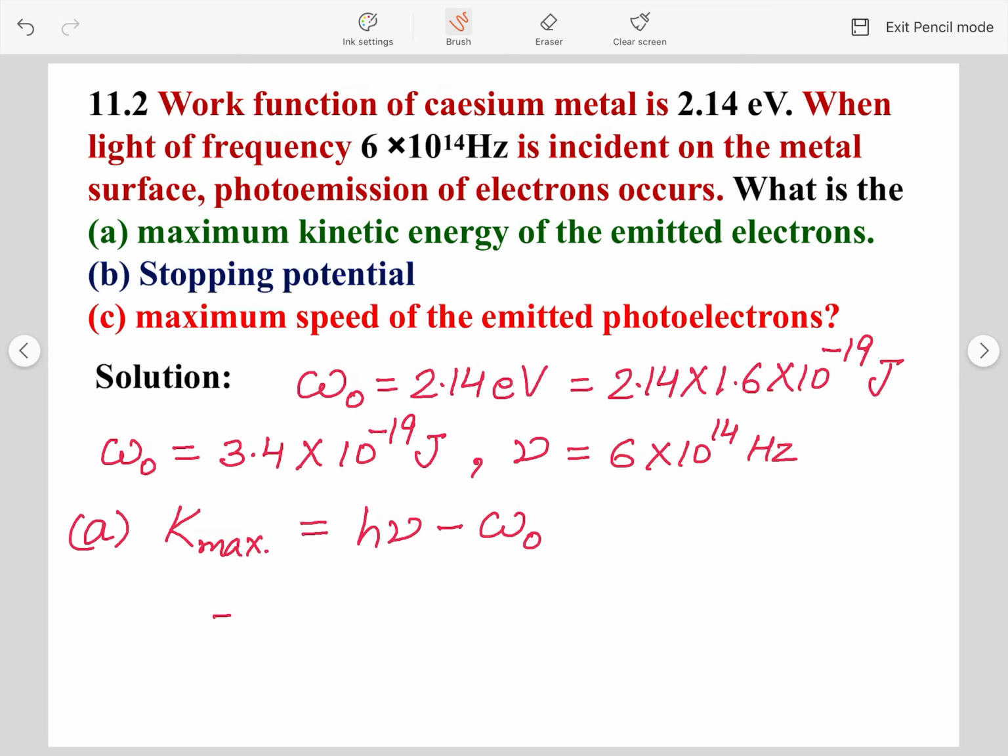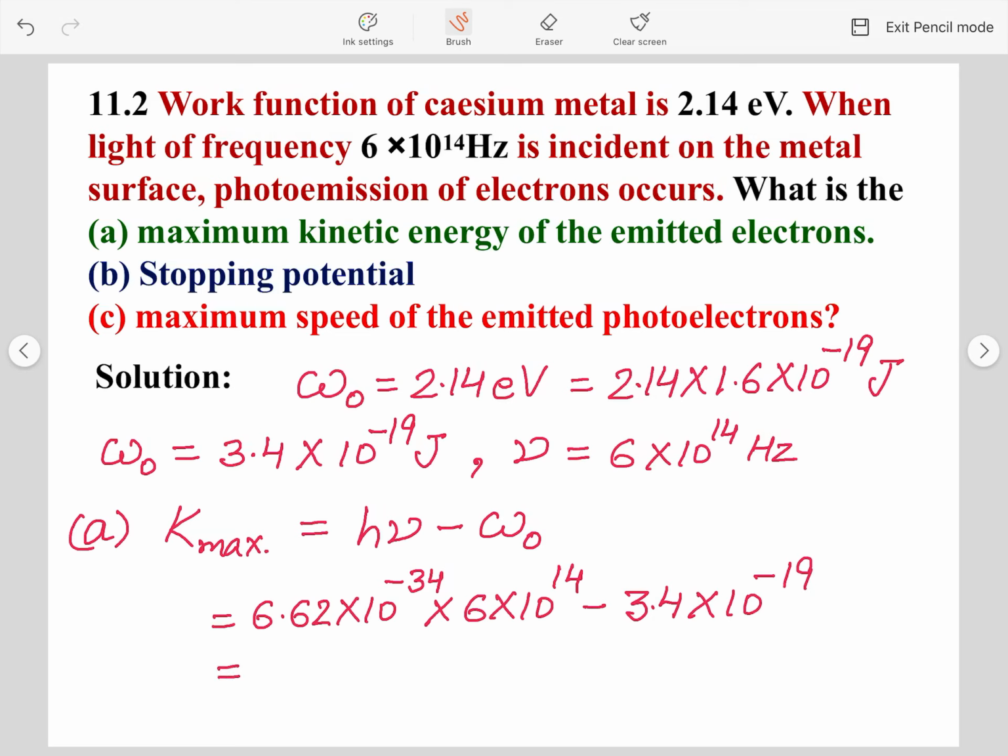Just put the values. h is 6.62 into 10 raised to power minus 34, multiplied by frequency, that is 6 into 10 raised to power 14, minus omega naught, that is 3.4 into 10 raised to power minus 19. All these values are given.